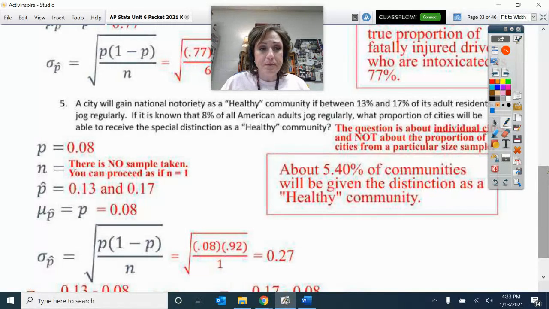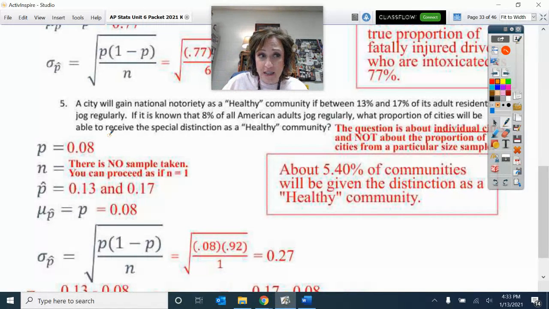So here we have the city will gain notoriety as a healthy community if between 13 and 17%. I don't know why it would be in between and not just completely above, but anyway. If it is known that 8% of all Americans, so all samples in the United States, would be centered, all proportions would be centered from city to city to city.